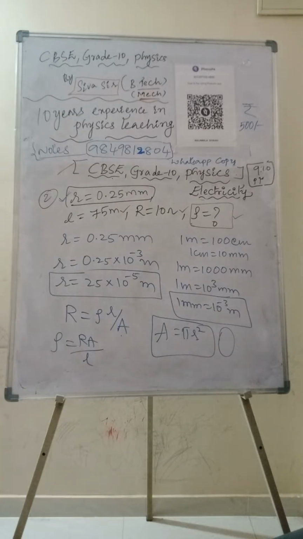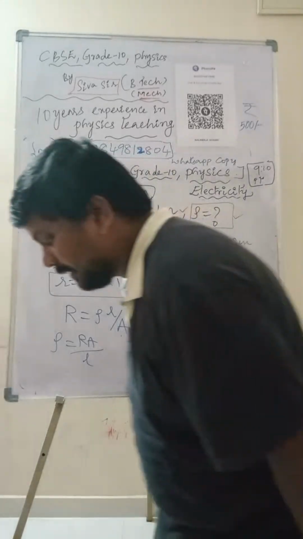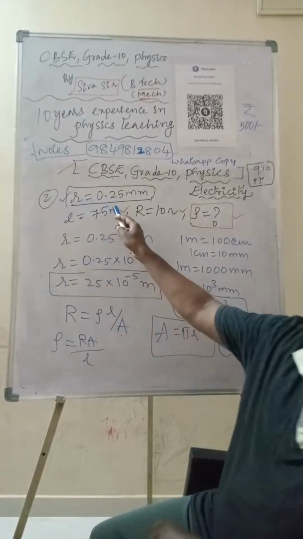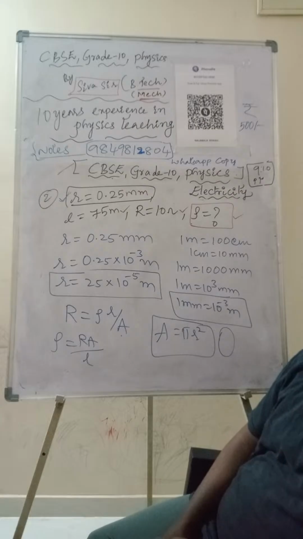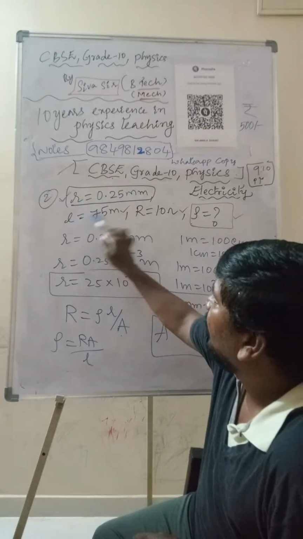Check once. Any doubts? Here the radius is given, you got the radius, and you got the length.